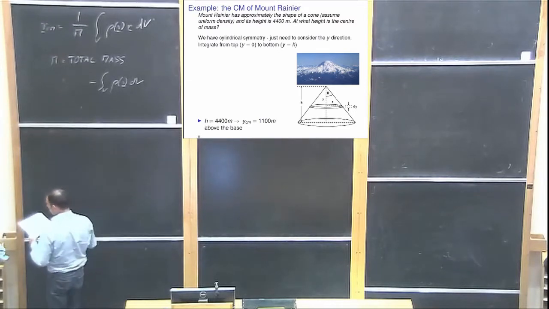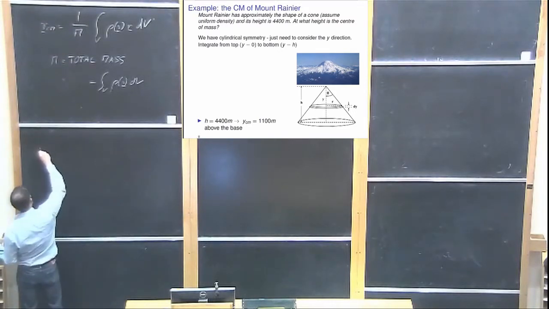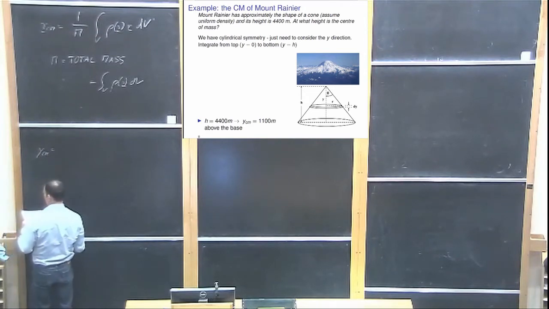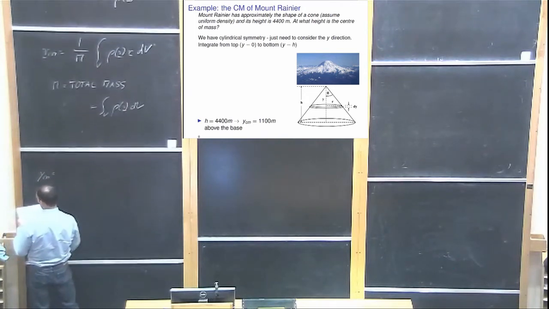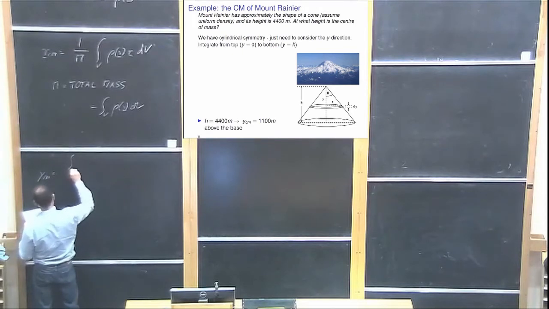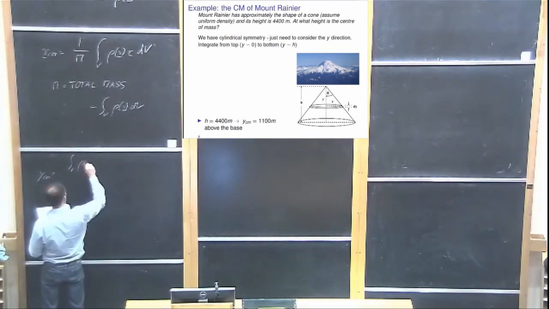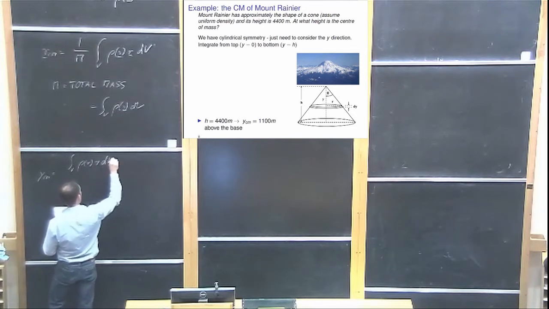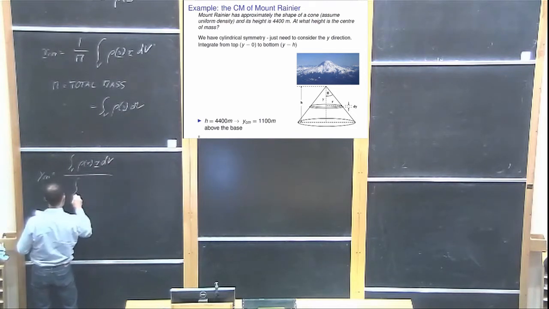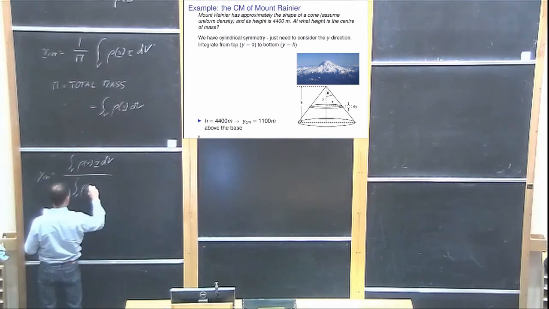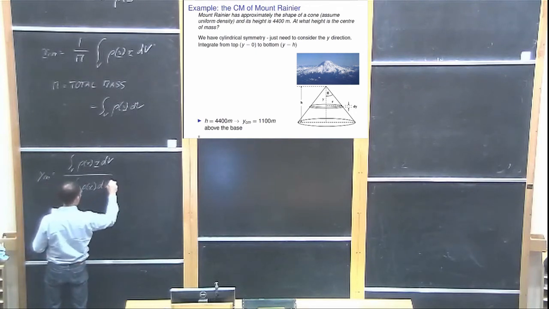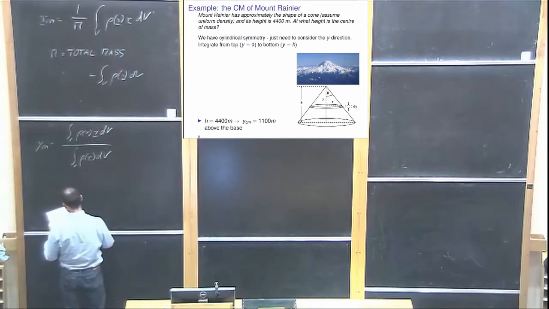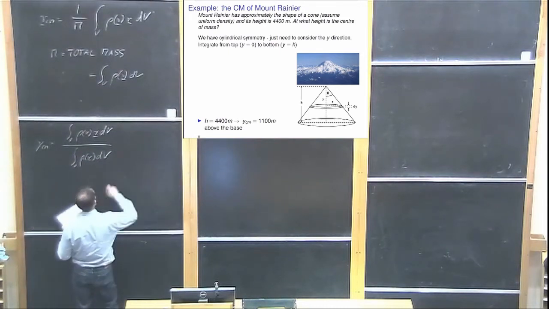Now, the center of mass in the y direction, somewhere along y equals, well, the volume integral of rho of r dV over the volume integral of rho of r dV. We don't have the total mass, so we just write it out as it is.